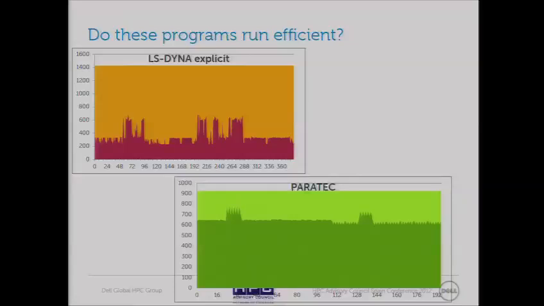If you then see here for a large LS-DYNA calculation at a big customer of Dell, then you see here the core numbers on the x-axis and you see the total wall clock time on the y-axis. And then also partly due to the nature of LS-DYNA, where you have an unstructured grid, so it is hard to do a good decomposition, then you see that some nodes, some cores have more work to do than others.